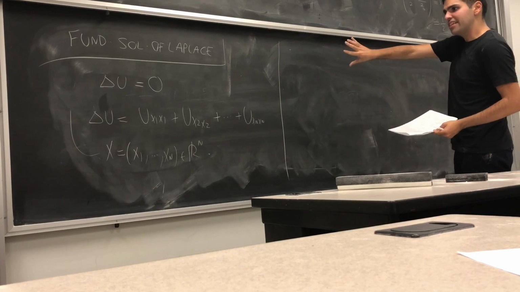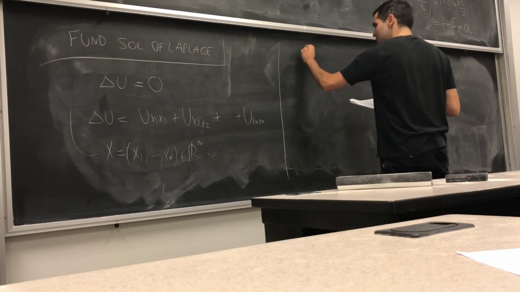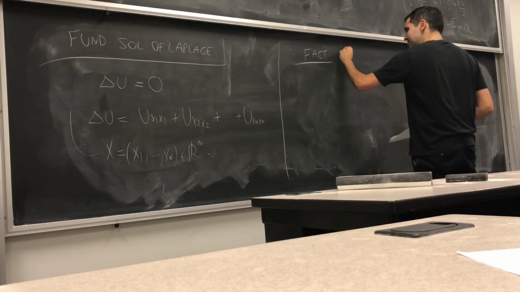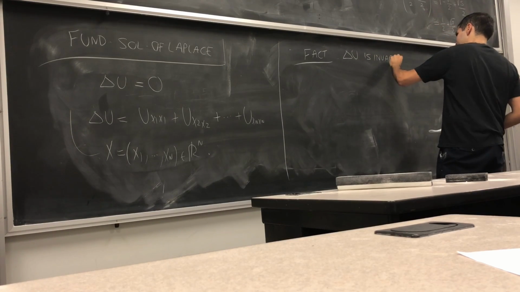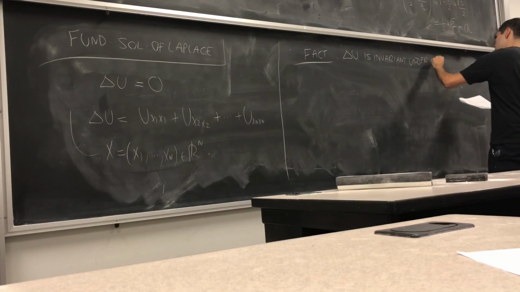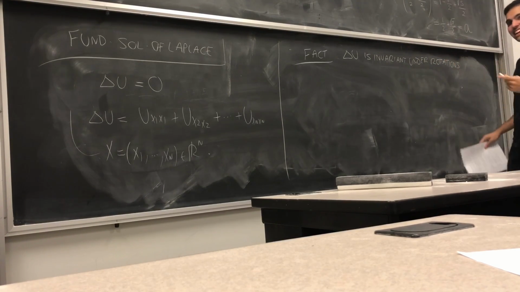And for this, as I said, let's look for solutions with a certain kind of symmetry. And in fact, there's a neat fact: the Laplacian is invariant under rotations. What does that mean?